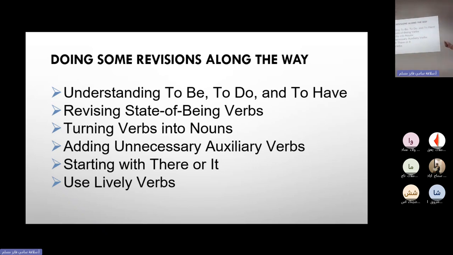You have to revise the state of being verbs, turning verbs into nouns, and adding unnecessary auxiliary verbs while starting with there or it. There and it are confusing words. What does there refer to? What does it refer to? If you write the word there or it, the sentence must make clear what they refer to, otherwise the editor will strike them out and write the correct noun instead.